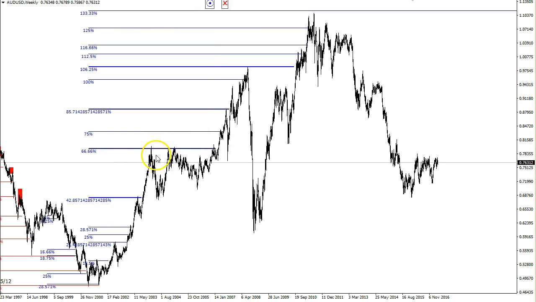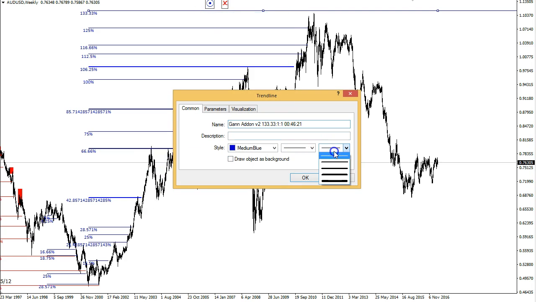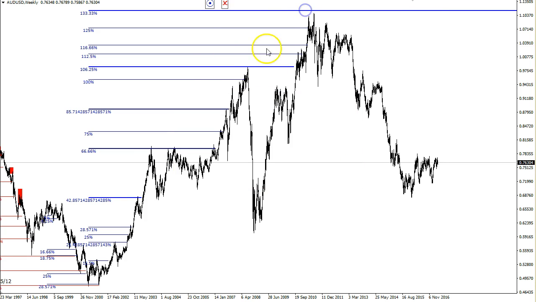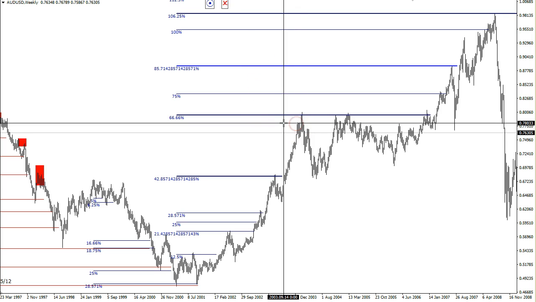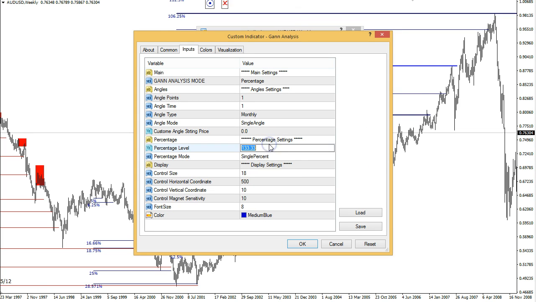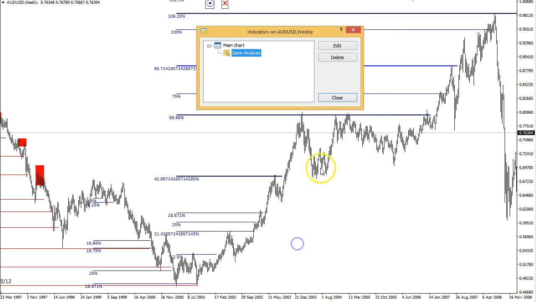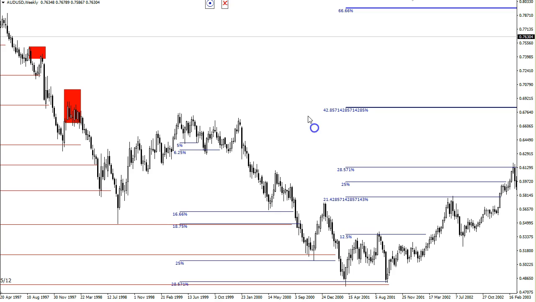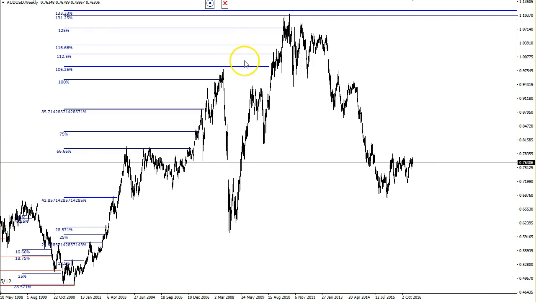So you have the 66.66 giving you the reaction here. So 133.33 is still a strong position in the future. So you should keep it on the chart. Before that, you remember we had a 62.5. The double of that is, let's check, 131.25, and we see if this gives a reaction to the upside.